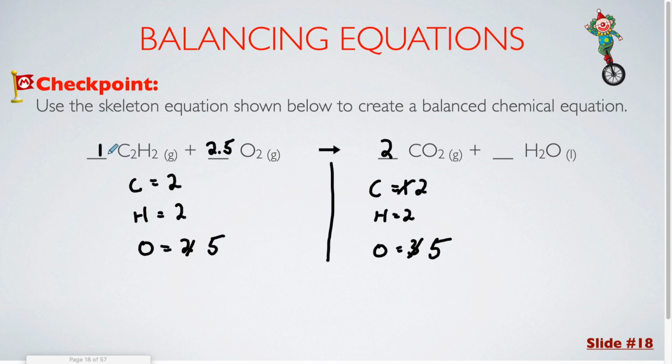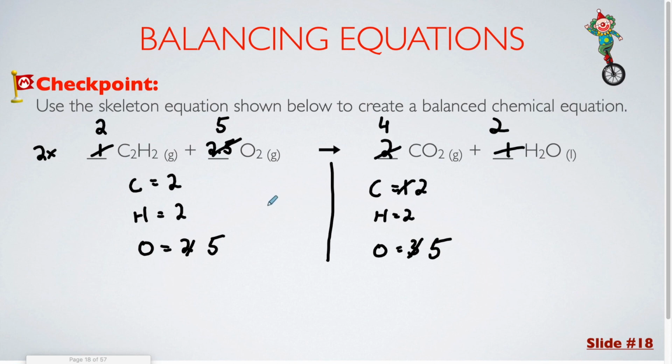So that's a ratio of 1 to 2.5 to 2 to 1. Now in order to make these all whole numbers, all I have to do is multiply each of these times 2. That would give me a coefficient of 2, a 5, a 4, and a 2. So those would be the actual final coefficients that I would use.